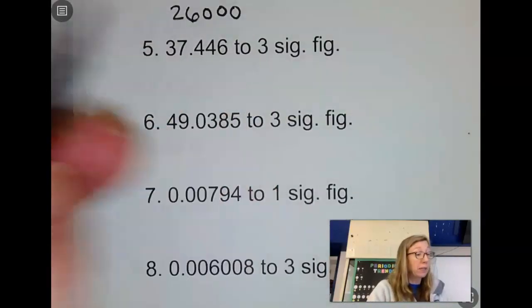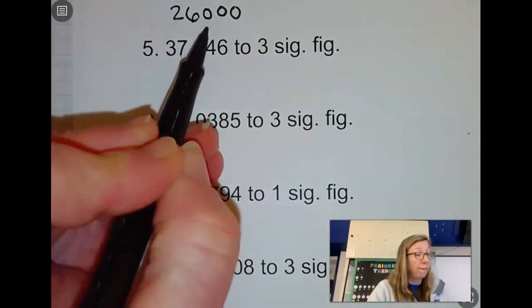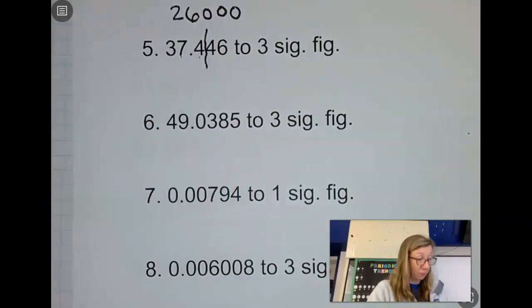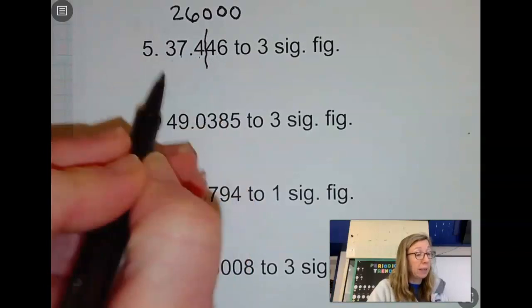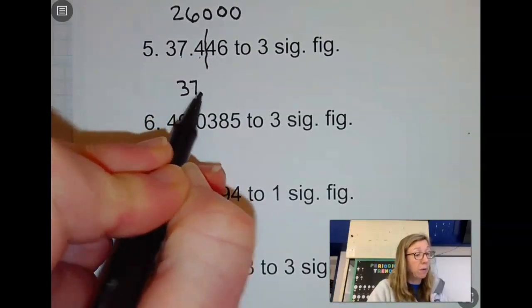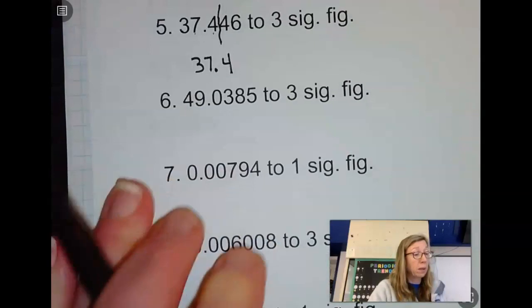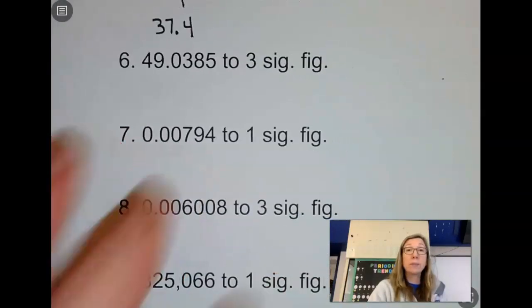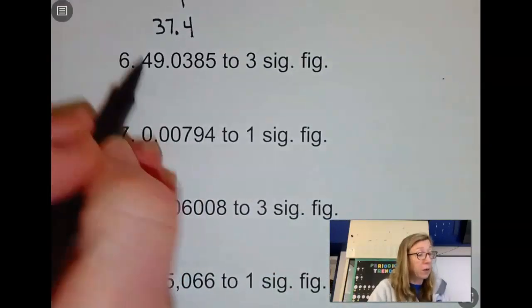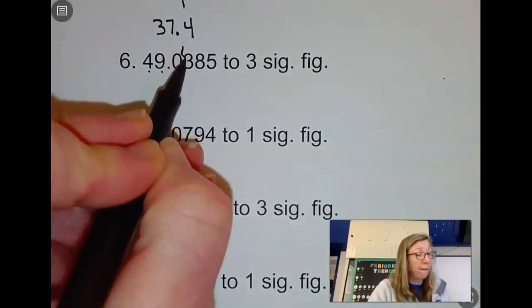3 sig figs. 1, 2, 3. This 4 does not make this round, so this is just 37.4. Right here, number 6. 3 sig figs. 1, 2, 3.